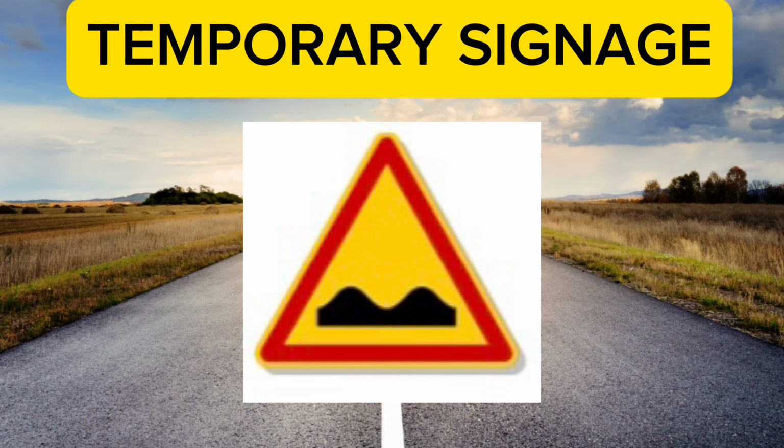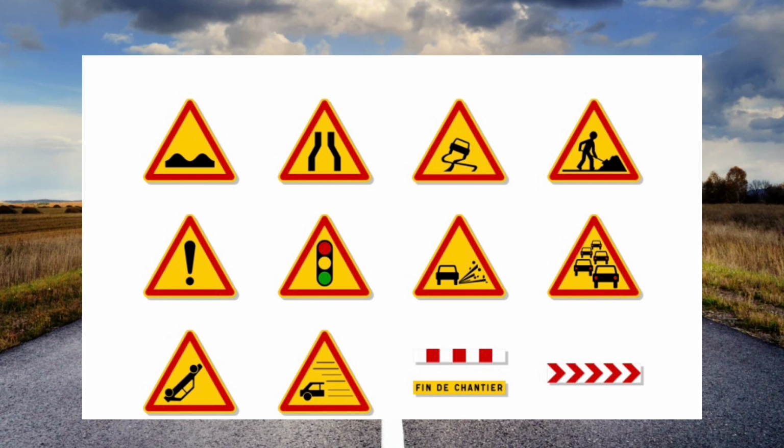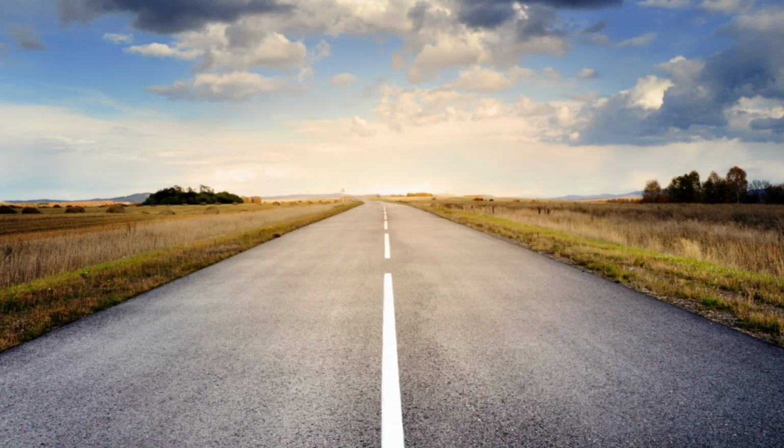It is most often set up during work, but other circumstances may justify its installation, such as a flood, accident, or any other event. The following are the panels that show examples of temporary signals.